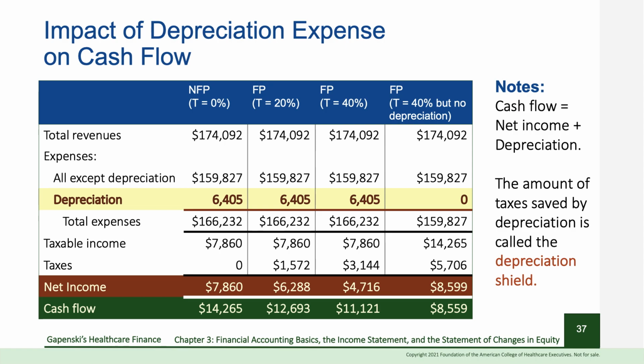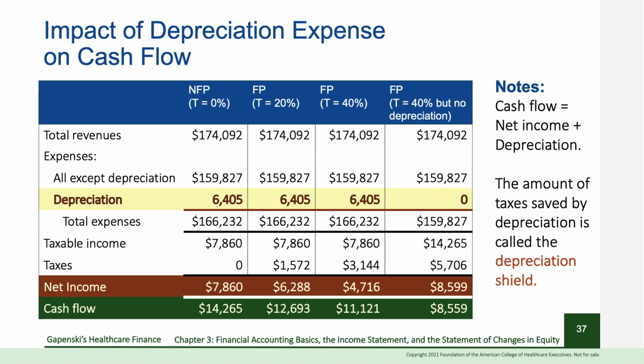In this particular slide, you will see that there are total revenues and expenses. When they have written the line item expenses, they have removed depreciation from there, but then they have included the depreciation line. See the brown bold line? That's the depreciation line. Then there is a line of total expenses, and then there is taxable income.